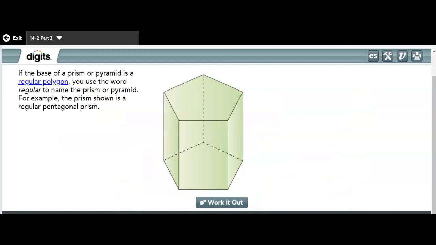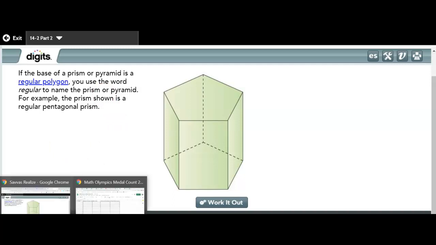In part 2 of lesson 4.2 notes, it says if the base of a prism or pyramid is a regular polygon, so that's what you're going to type in, you use the word regular to name the prism or pyramid. For example, the prism shown is a regular pentagonal prism.